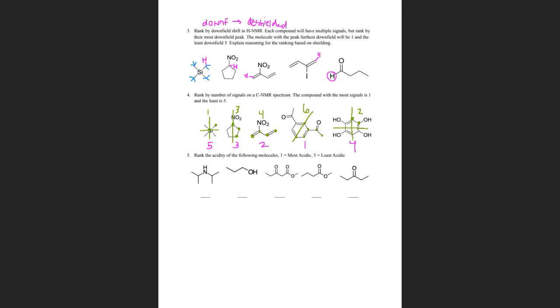Your most shielded, meaning it would be 5. After that, we know that resonance and double bonds increase the shift downfield. So the more double bonds you have in your structure, the more resonance, the more downfield your shift is going to be.